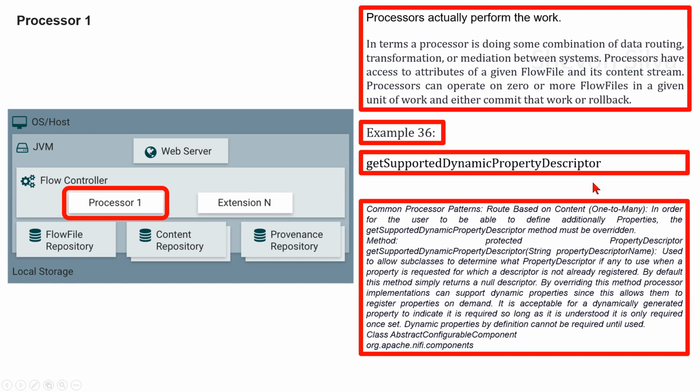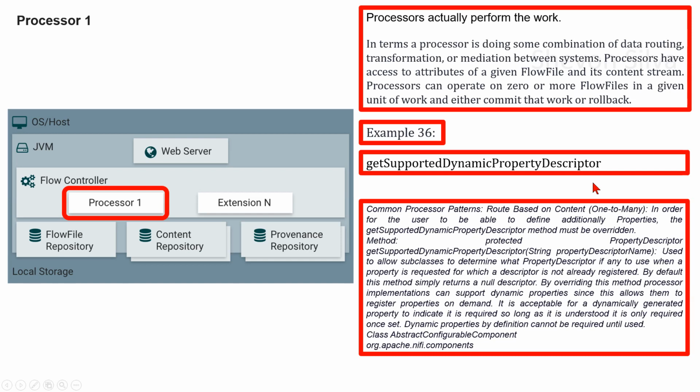The method protected PropertyDescriptor getSupportedDynamicPropertyDescriptor(String propertyDescriptorName) is used to allow subclasses to determine what property descriptor, if any, to use when a property is requested for which a descriptor is not already registered. By default, this method simply returns a null descriptor.